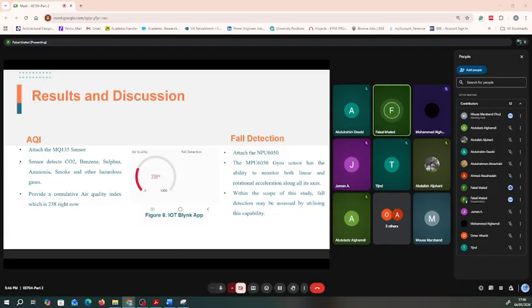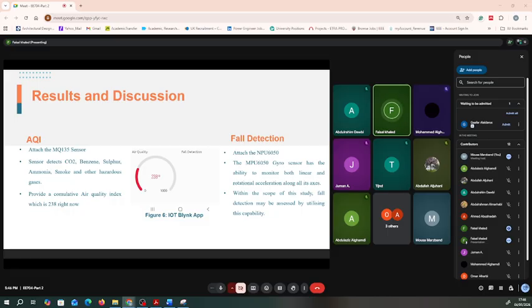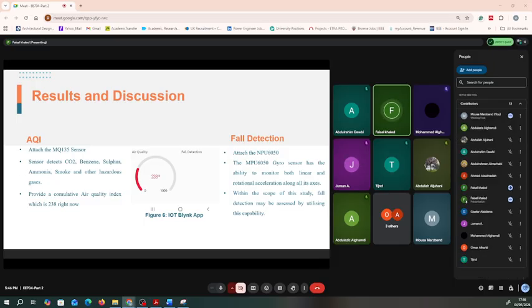We can see here the air quality is 238. When it goes beyond 500, an alarm comes to the doctor. For fall detection we use a small component called the MPU6050, and for the air quality we use the MQ135 sensor.